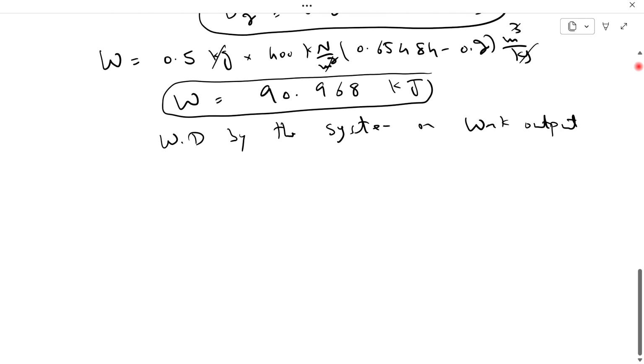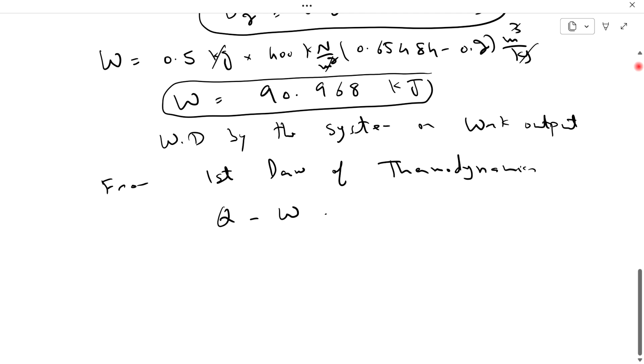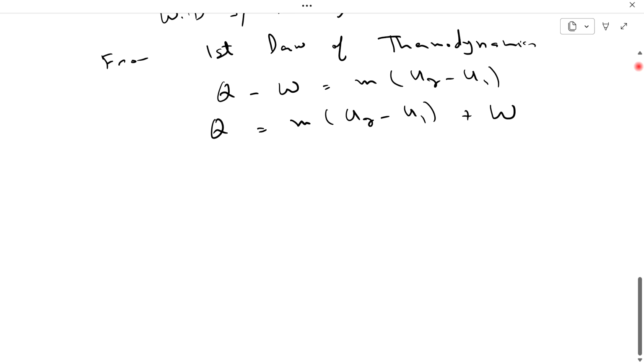Now we are finding Q. For heat transfer, from the first law of thermodynamics, Q minus W is equal to M times U2 minus U1. So Q is equal to M into U2 minus U1 plus W. First we find U1 and U2.